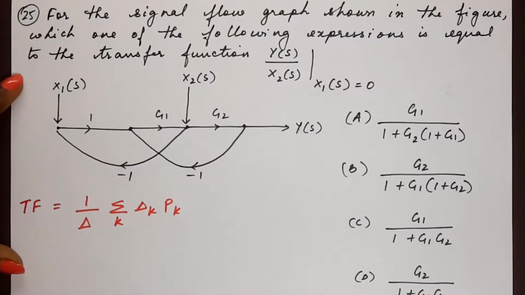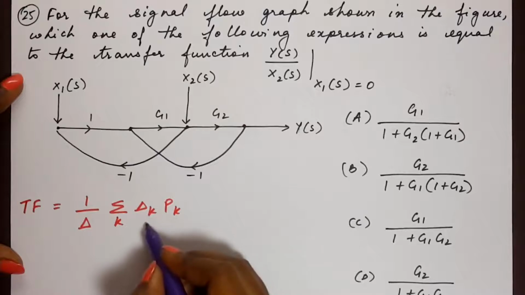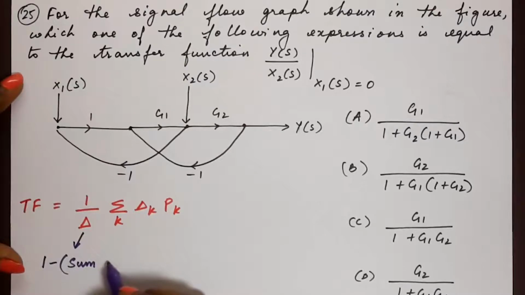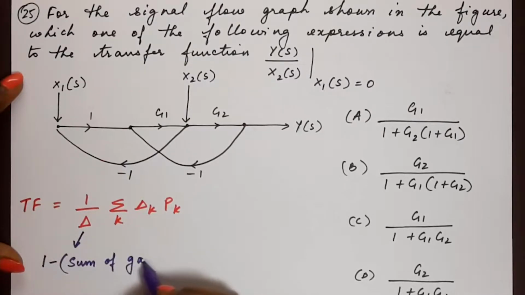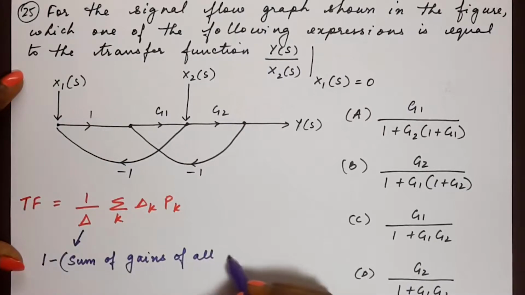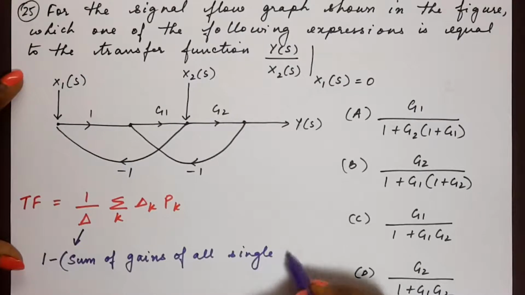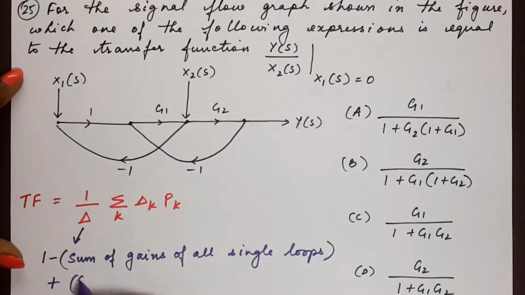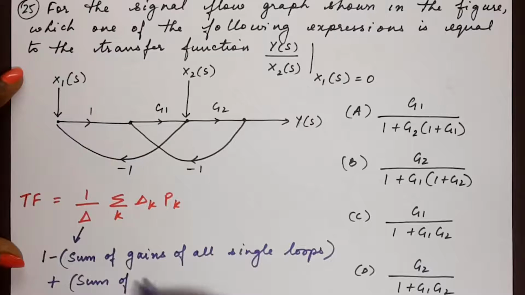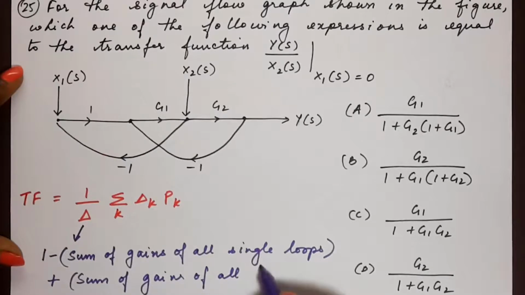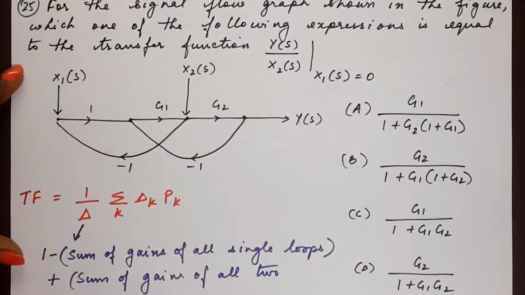Now let's expand what delta and delta k is. First delta. Delta is written as 1 minus the sum of gains of all single loops plus the sum of gains of all 2 non-touching loops.